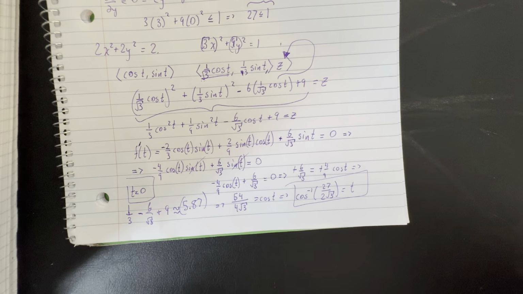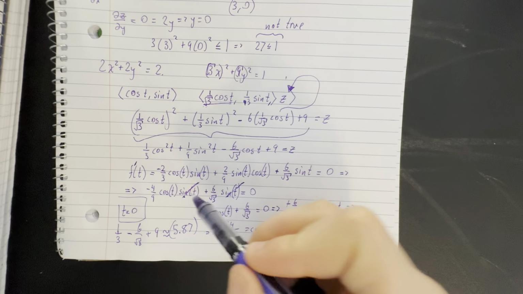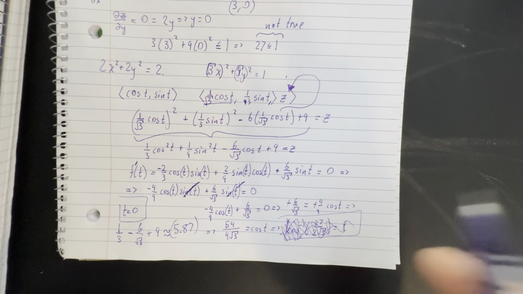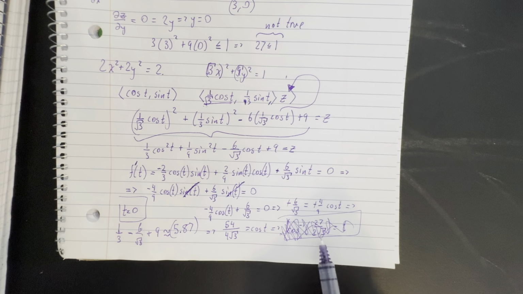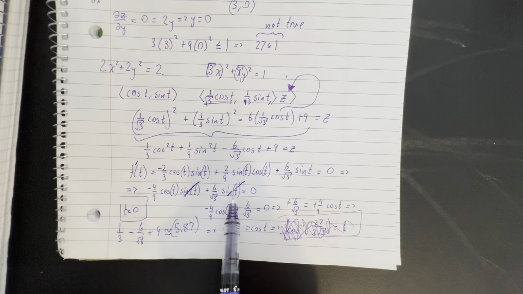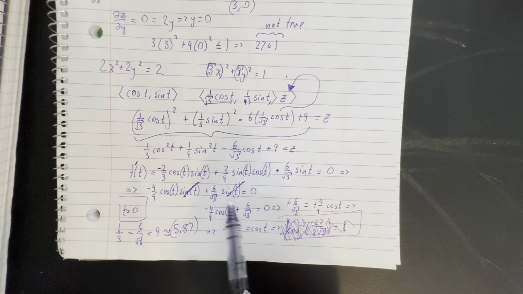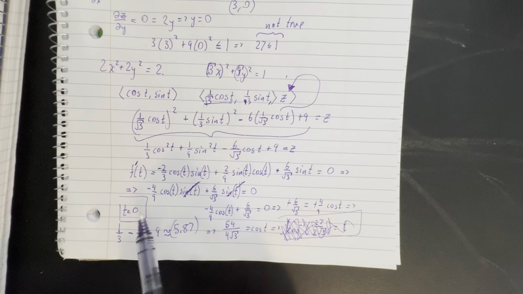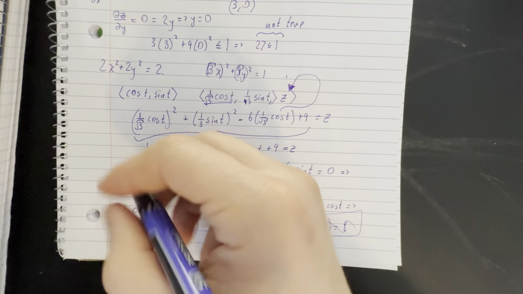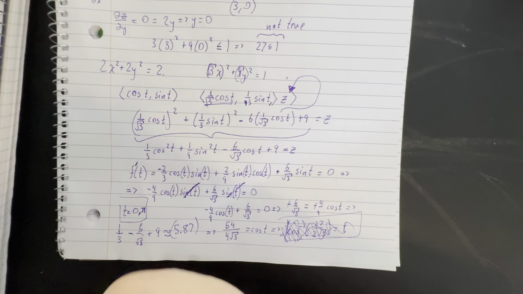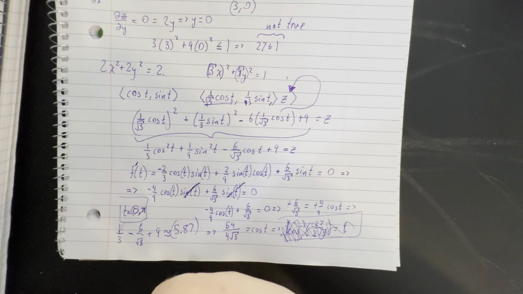Hold on. Okay, yeah, so here I just noticed we can't cancel out these sines, because if we do, then we get this number which is undefined. So the only way we can get this expression to equal 0 is by ensuring that the sines are 0 as well. So not only can t be equal to 0, but it can also be equal to pi. Or 2 pi, but 2 pi is at the same place as 0.